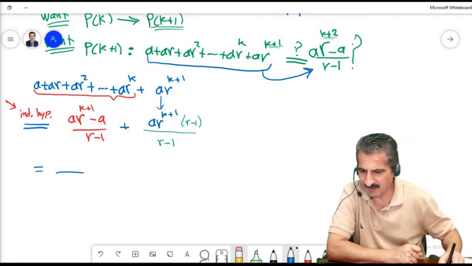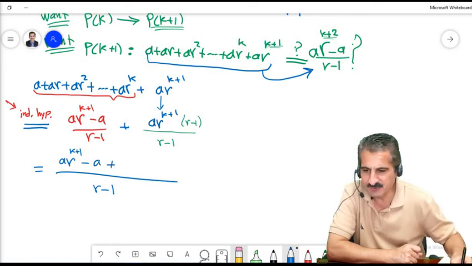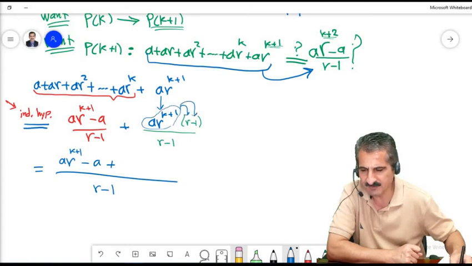Once we do that, we will have r minus 1 here, and a r to the power k plus 1 minus a plus, let's multiply, so we will do distribution. We will distribute this here over r and then minus over 1. So we will get this minus a times r to the power k plus 1.